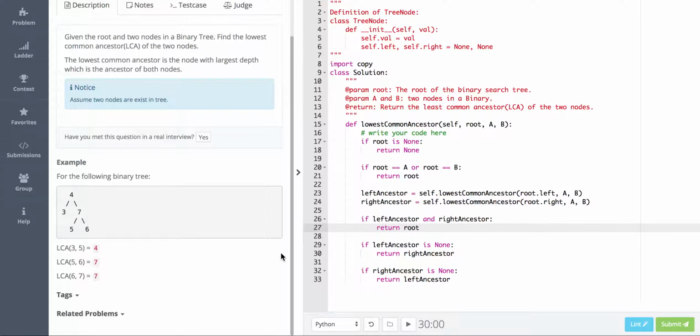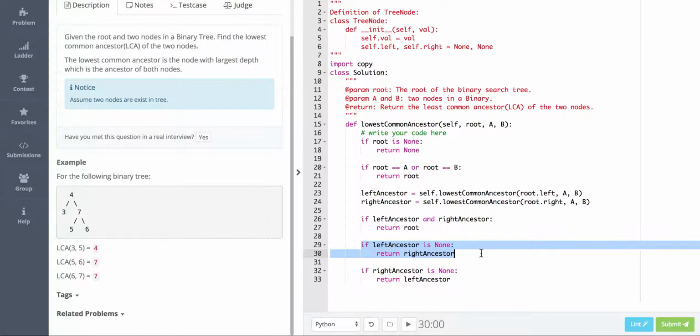This is very simple and easy, right? Because if both the left ancestor and right ancestor exist, that means A and B are in separate subtrees, so they definitely have the current root as their common ancestor.